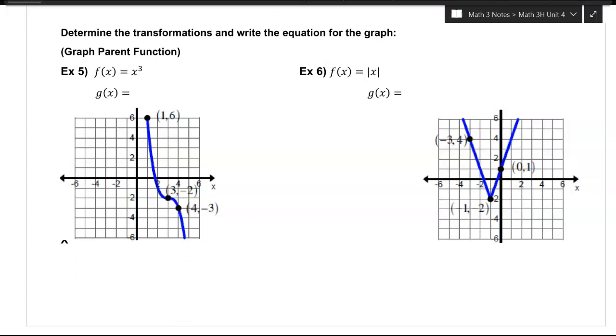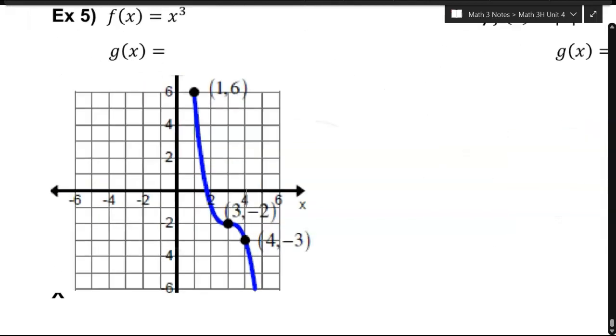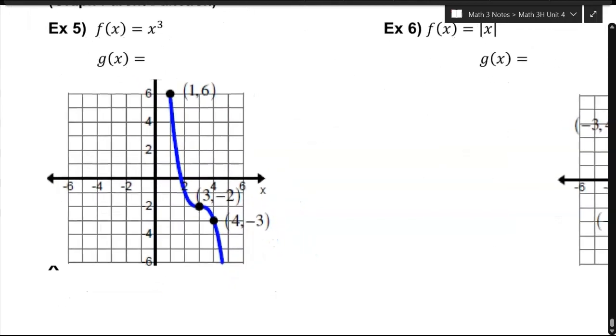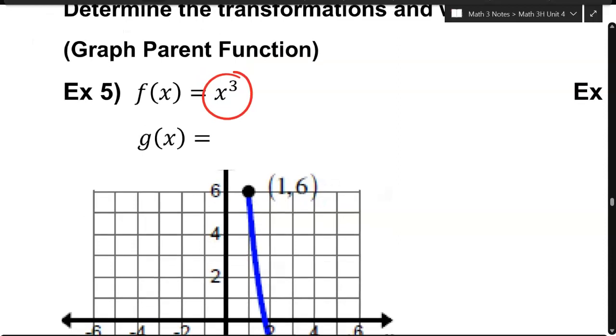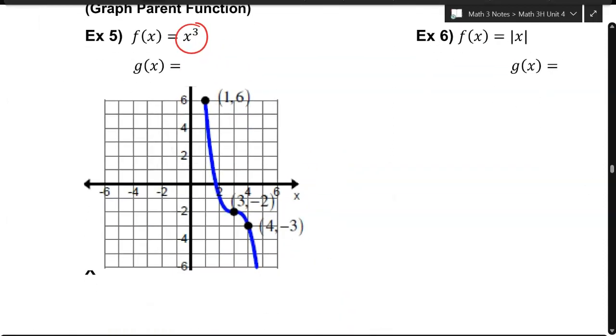Up next, we're looking at a graph and determining where we shifted and then writing an equation based off of those transformations. We are looking at that x to the third graph, and we're looking at our points to see how they shifted from that x to the third function.